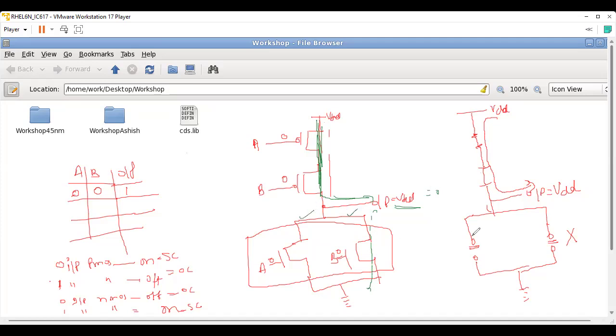But both of these are open circuits because NMOS with input 0 is open circuit. So this VDD will stay. Means whenever you give 0, 0 to A and B, the output will be VDD or 1. Right? I hope I made my point clear.